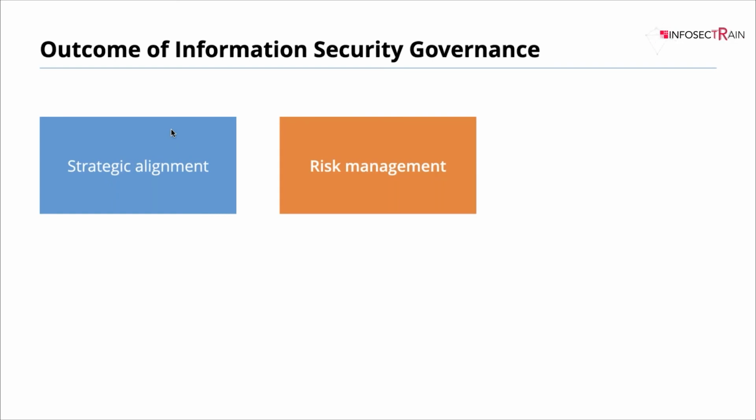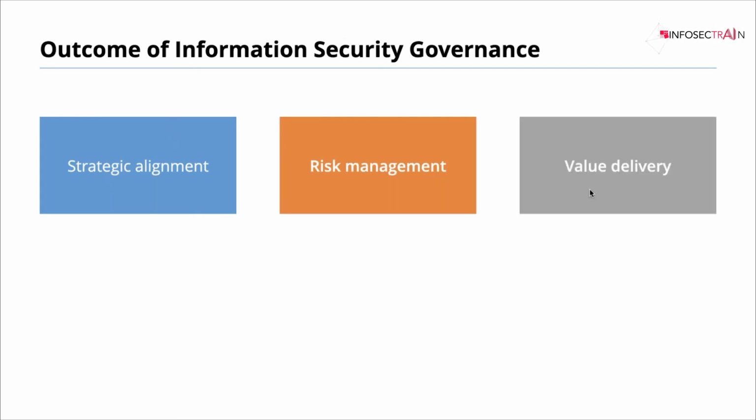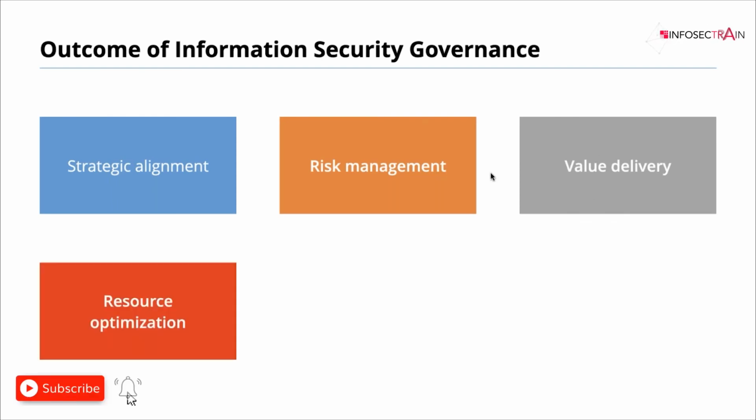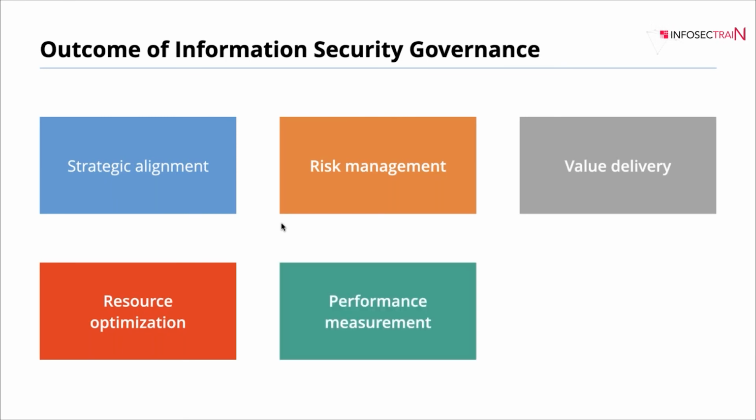In CISM, risk management is an entire domain, so we will study it in detail. Then value delivery: we ensure that whatever activities we perform give us optimum results. Resource optimization also happens, so you are using your resources as effectively and efficiently as possible. And we measure performance to ensure the KPIs are being met, etc.